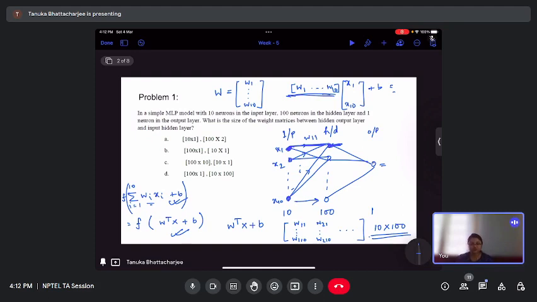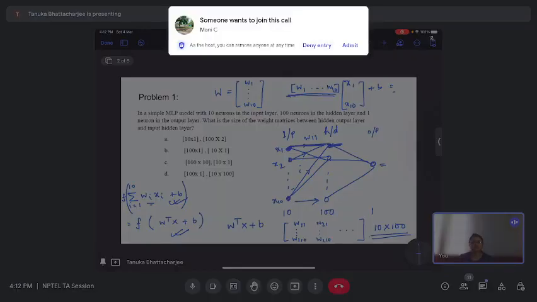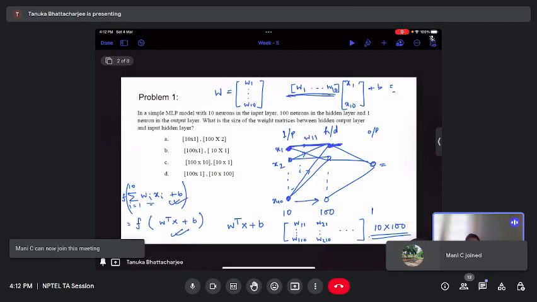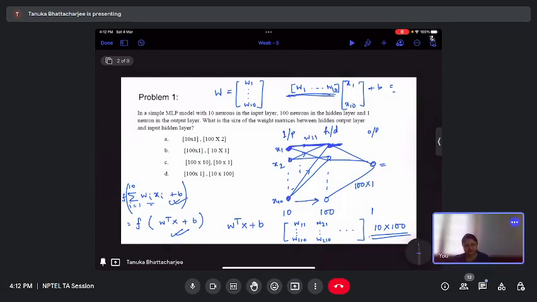So, your weight matrix will have only a single column, as we explained earlier, and in that column it will have all the weights associated with all the 100 neurons in the hidden layer. So, this weight matrix will be 100 cross 1. So, your input to hidden layer weight matrix is, let me write it here.